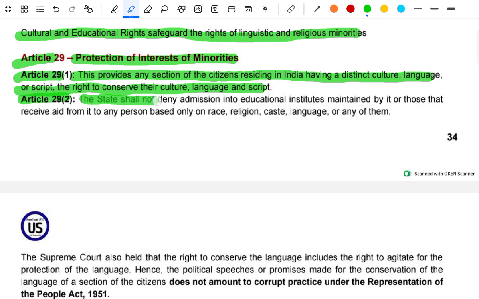Article 29(2): The state shall not deny admission into educational institutions maintained by it or receiving aid to any person on grounds only of religion, race, caste, language, or any of them.